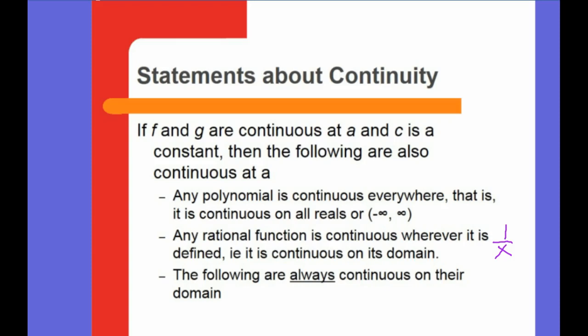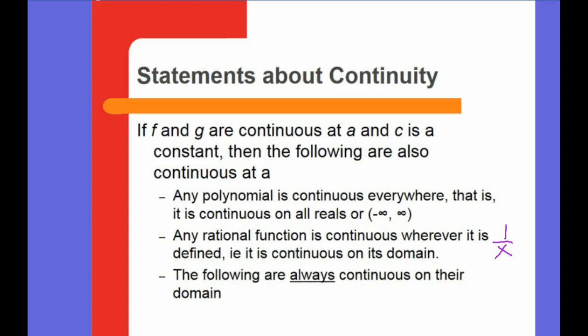So if f and g are continuous at a and c is a constant, then the following are also continuous at a. It's just me summarizing for you because continuity is so easy, and yet we struggle with it. Any polynomial is continuous everywhere, that is, continuous on all reals, or negative infinity to infinity.